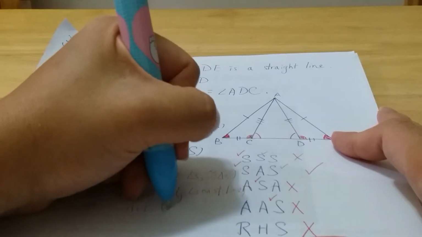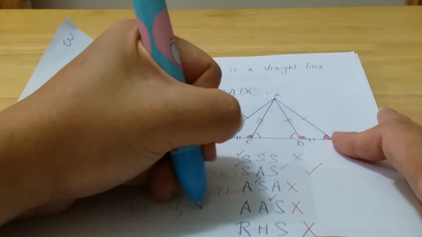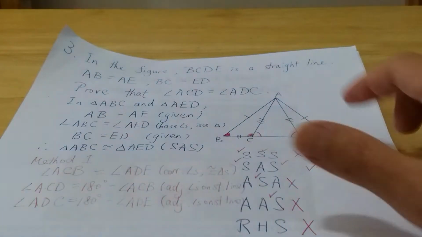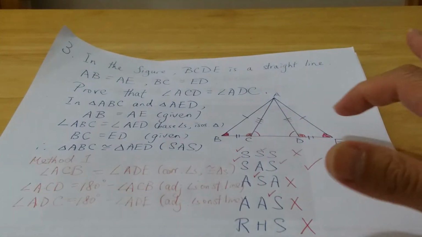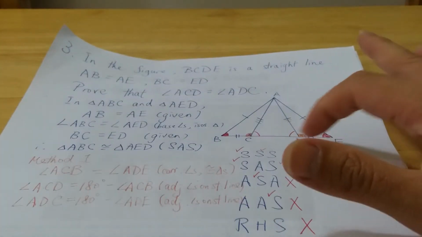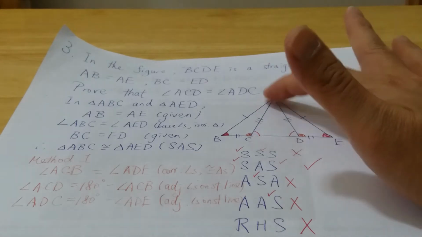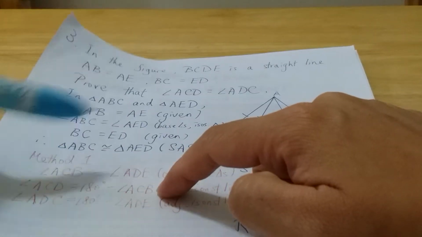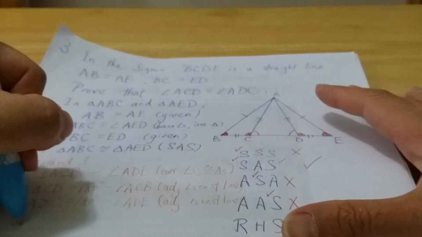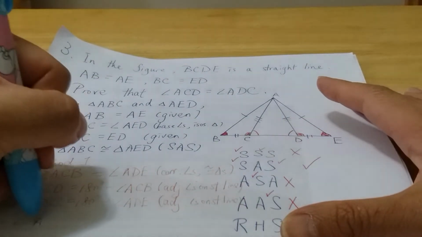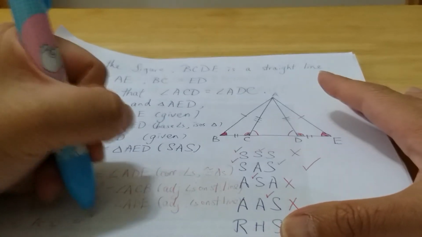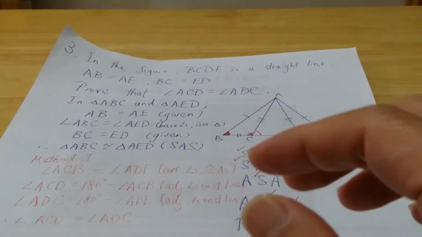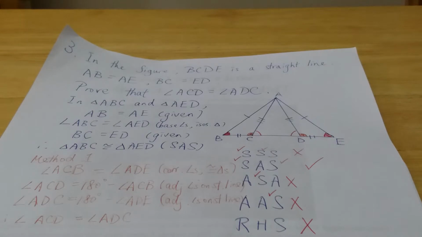This is also adjacent angles on a straight line. Because ACB equals ADE, that means angle ACD will equal angle ADC. Proved.